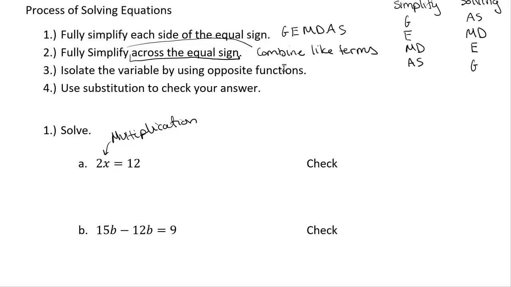So instead of showing a division sign, I'm going to show my fraction line and show that I'm dividing 2x by 2. If I divide the left-hand side by 2, I have to divide the right-hand side by 2. Well, 2 divided by 2 is 1, so I get 1x equals 12 divided by 2, which is 6.